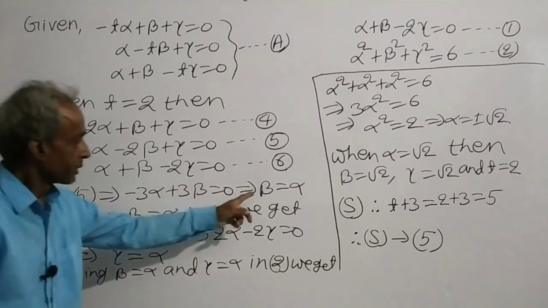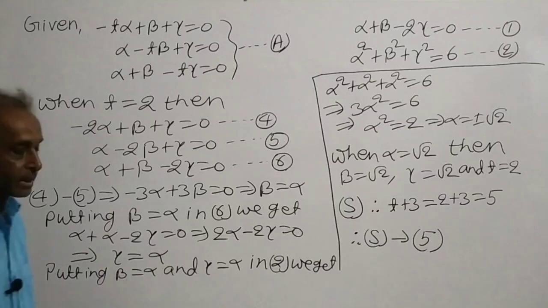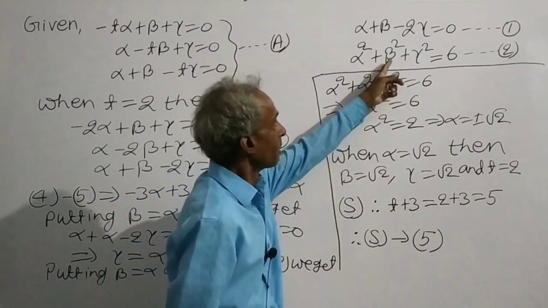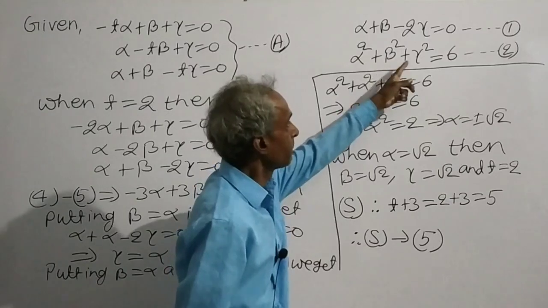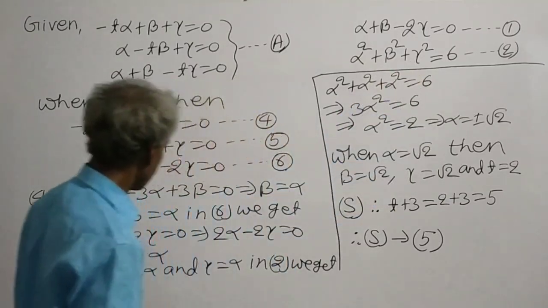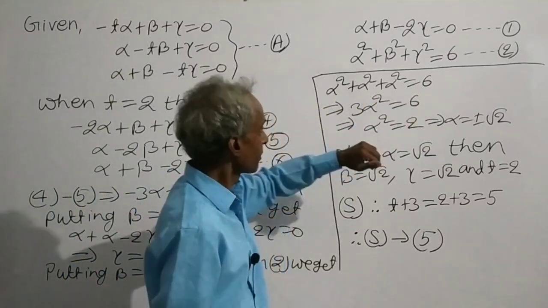Now, since beta is equal to alpha and gamma is equal to alpha, we put alpha in place of beta and alpha in place of gamma in this number 2 equation and write here.